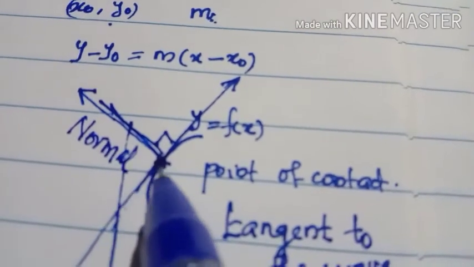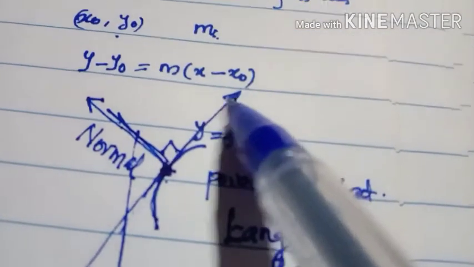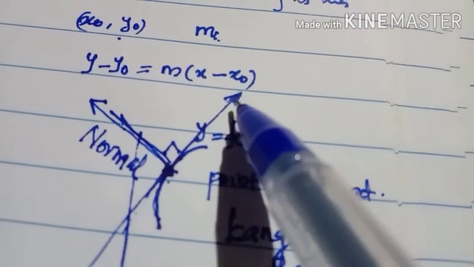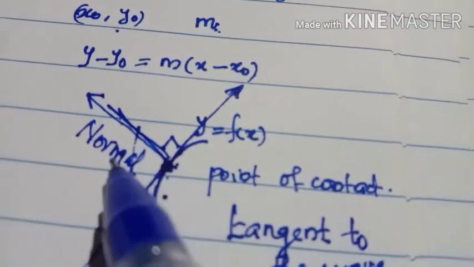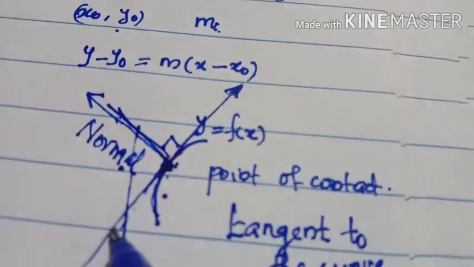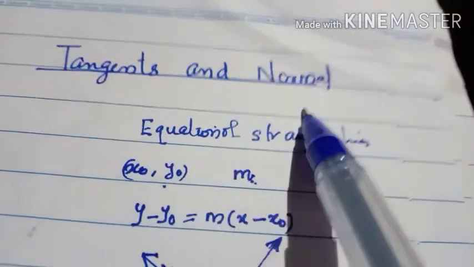Normal to the curve y equal to f of x. So tangent means a straight line touching the curve at one point, and normal is the line perpendicular to this tangent. So these are the terms tangents and normals.